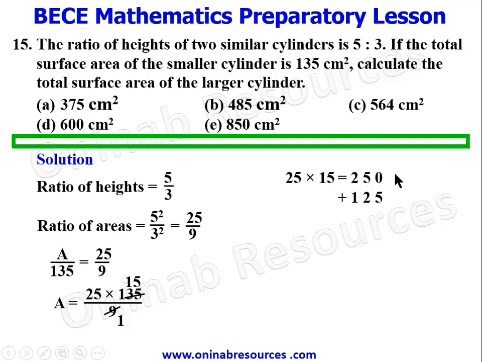Wow, how did you get this? This is mental mathematics. What I did is, since 15 is 10 plus 5, I said 25 times 10 is 250, then plus 25 times 5, which gives 125, and I am there. I just add, this is 5, this is 7, and this is 3, and I have my answer as 375 square centimeters, which represents the total surface area of the larger cylinder, and that corresponds to option A. And that's the end of solution to problem 15.